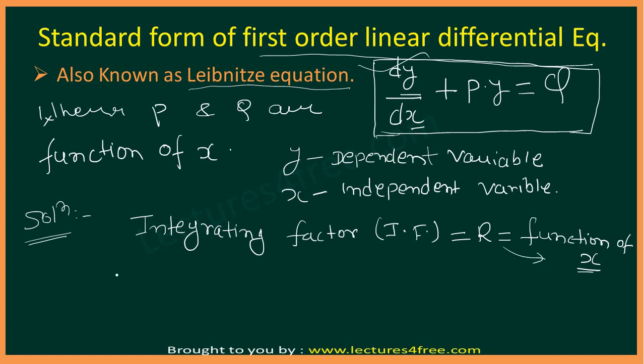So multiply both sides with R. You will get the equation R dy upon dx plus R into P into Y is equal to Q into R. Again, to simplify this equation, let's assume one more thing.